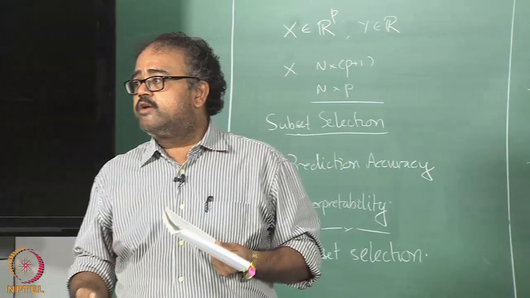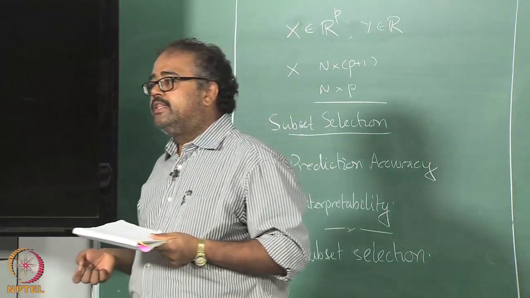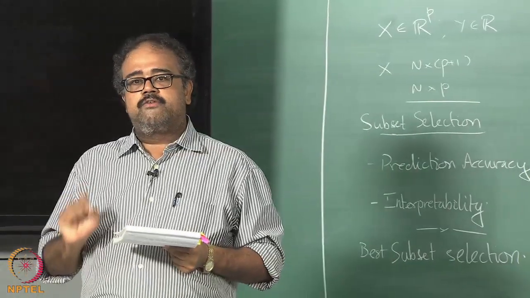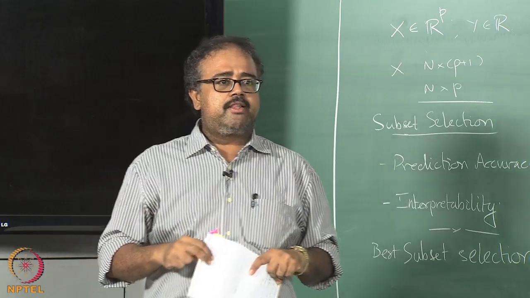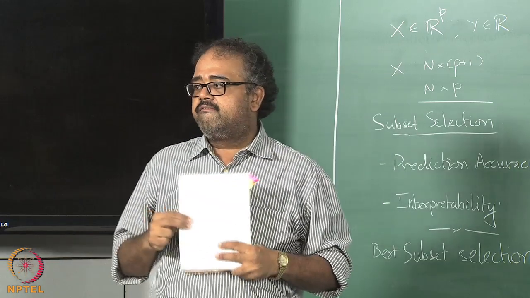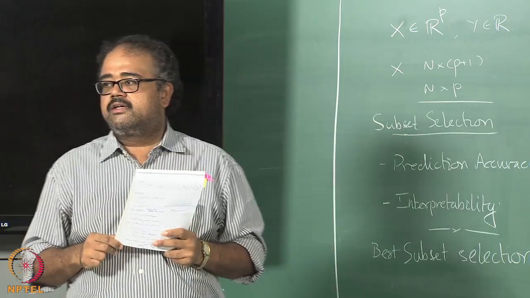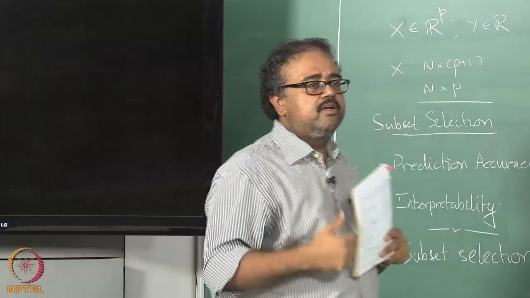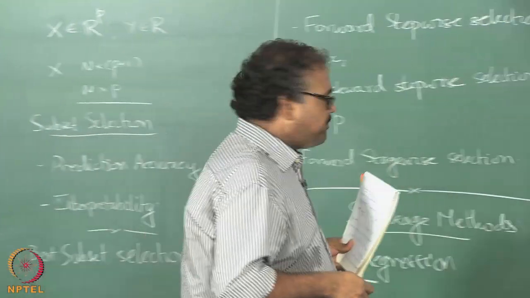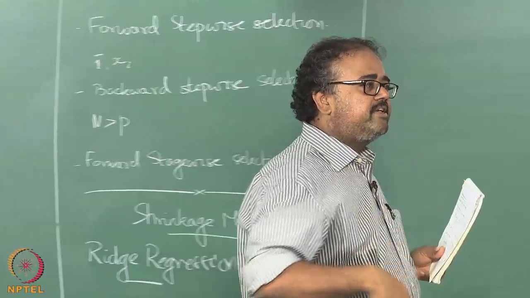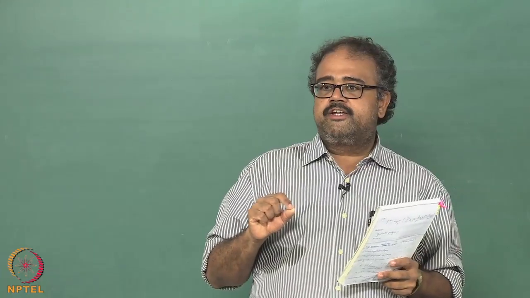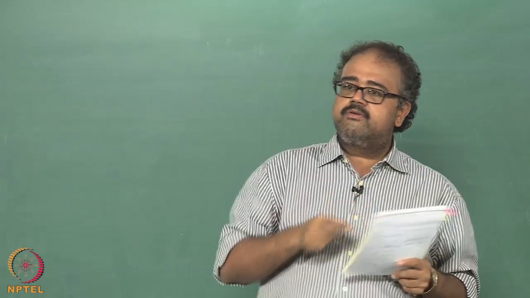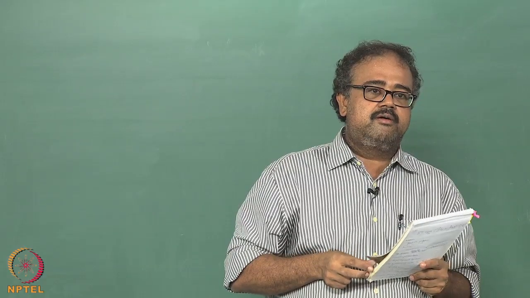In addition, you are going to impose a penalty on the size of the coefficients. So you want to reduce the error, but not at the cost of making some coefficient very large. In fact you are going to try and shrink the coefficients as much as possible. So your optimization procedure will try to find solutions which have as small coefficients as possible and give you a similar minimization in the squared error objective.